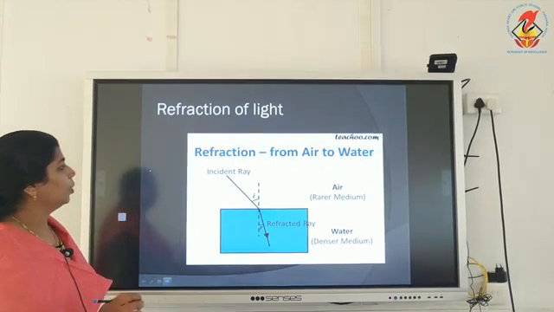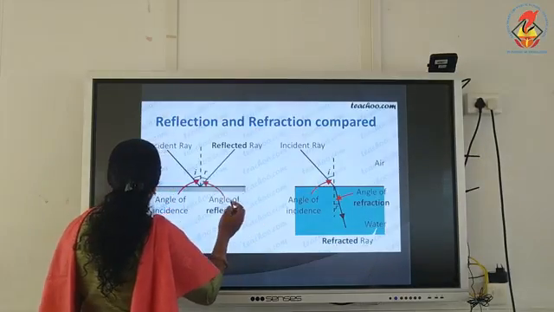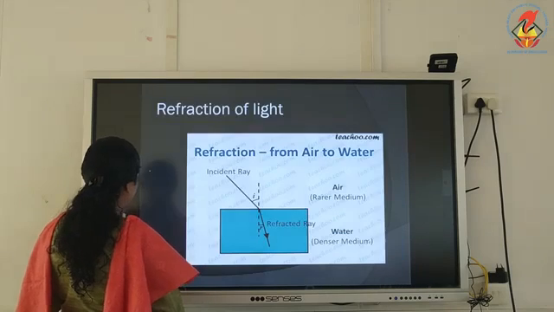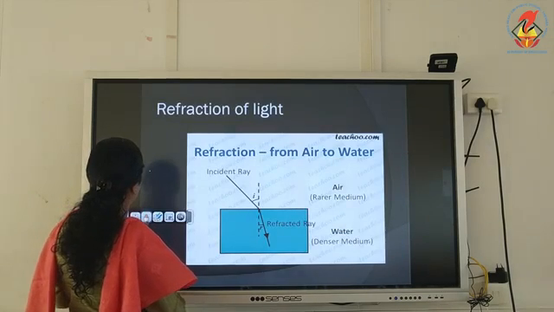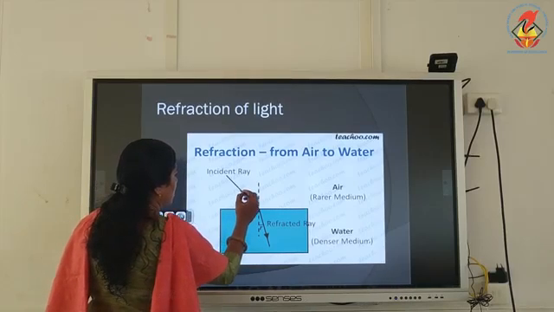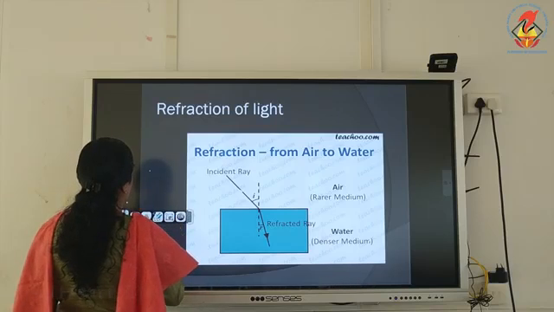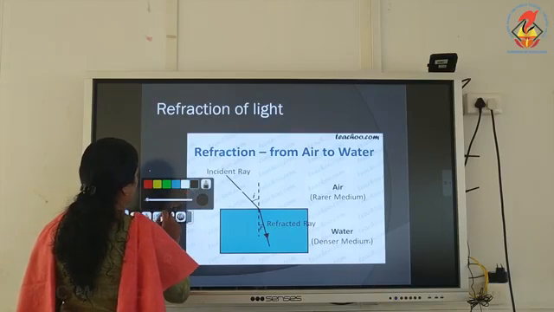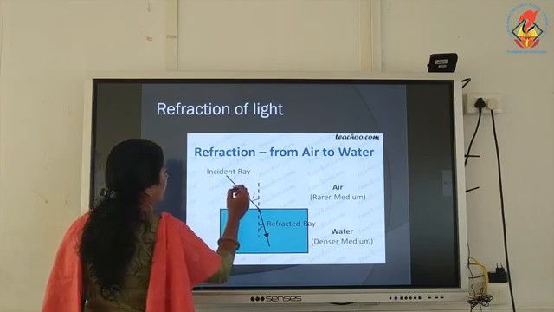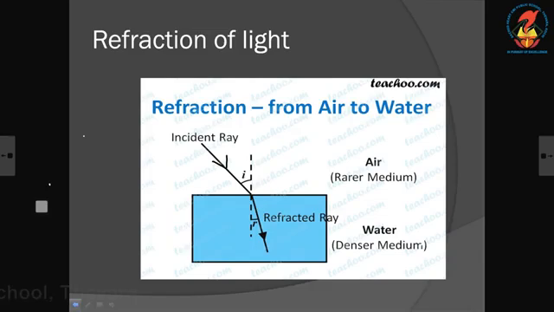This is the incident ray. A ray of light enters from one medium to another.